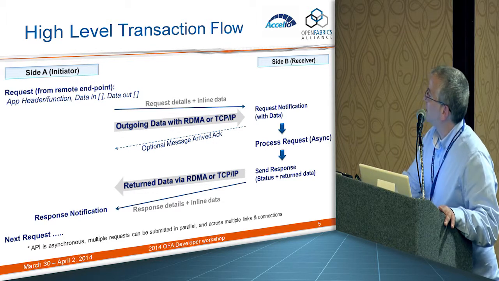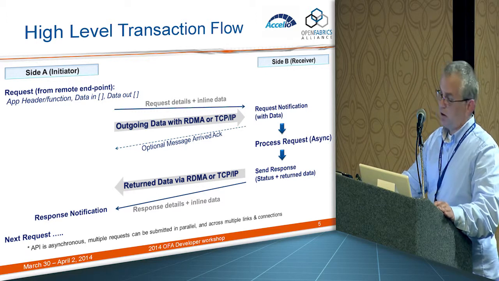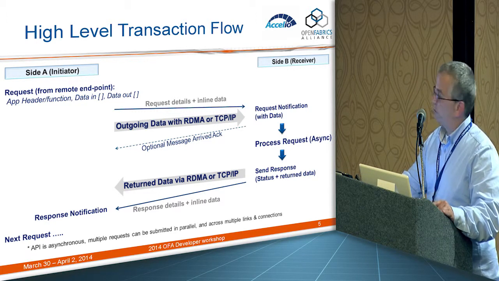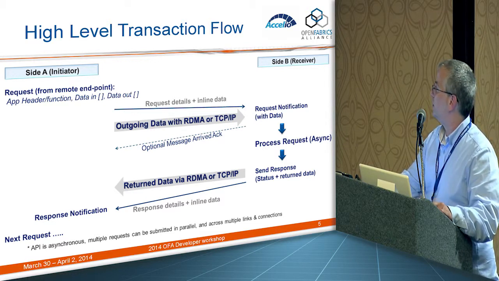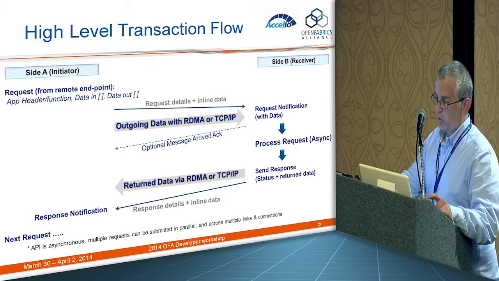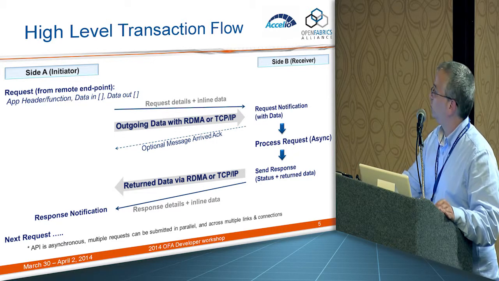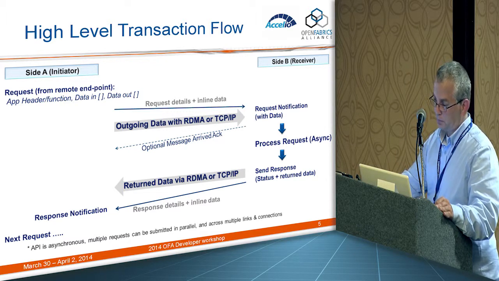We mean that the inline data is the header. The header is always copied into an internal buffer. And we usually work with send-receive operation for the header. We send the request to side B. We also send the keys for the data that we want to operate on.